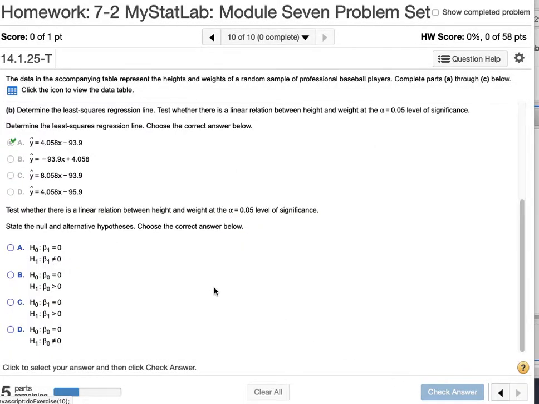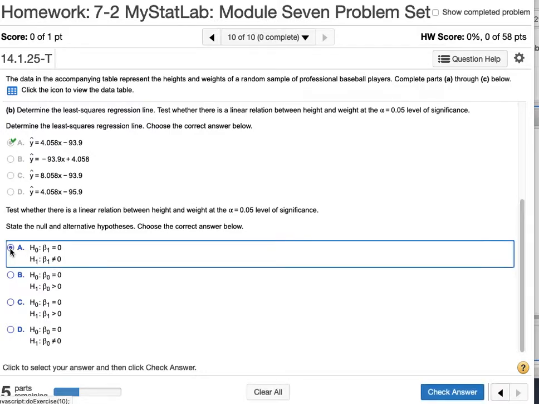Perfect. Okay, and then state the null and alternative hypothesis. So we're always looking at the beta 1, which is the slope, and if that equals 0, that's the null: that beta 1, or the slope, equals 0. And then the alternative is that the slope, or beta 1, does not equal 0.